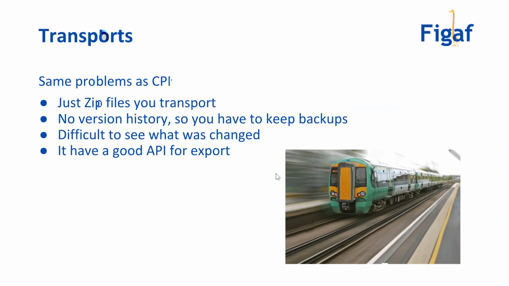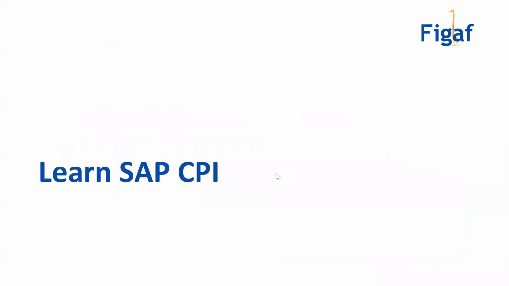I think we had like four flows, but it's difficult to see what the changes were between these different versions that we had. There's an API that you can use to export this and set up some of your own configuration if you want to do that. Yes, so that was some of my lessons regarding this.